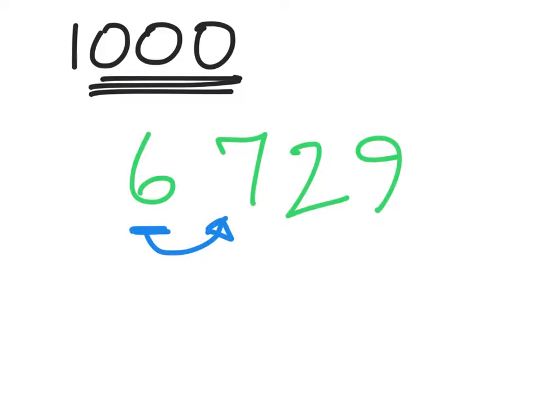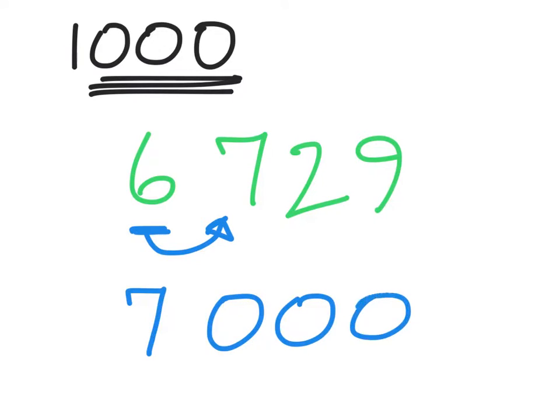So in this case, am I going to round up or down? I hope you said up. We're going to round up. So the 6 becomes a 7, and then I add in those 3 zeros because rounding to the nearest 1,000 has 3 zeros, and that's how we do it.